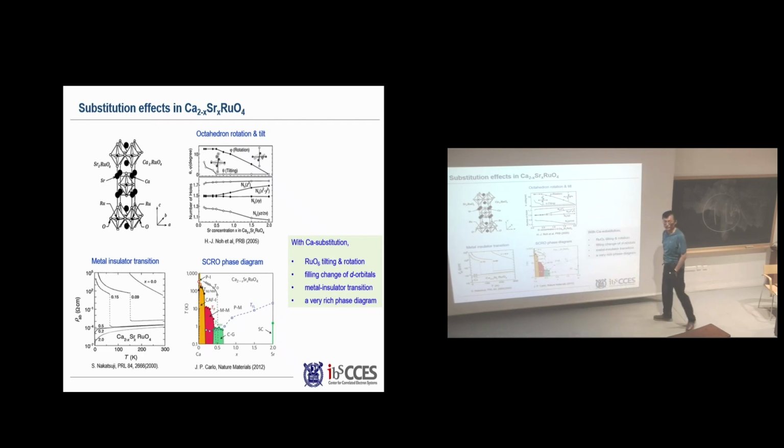So if we approach the strontium ruthenate 113 compound in the 2D limit, we may have a similar phase diagram, or we can at least play with the oxygen octahedral tilting and rotation and find new emerging phenomena. That's a very simple idea we try to pursue in the group.